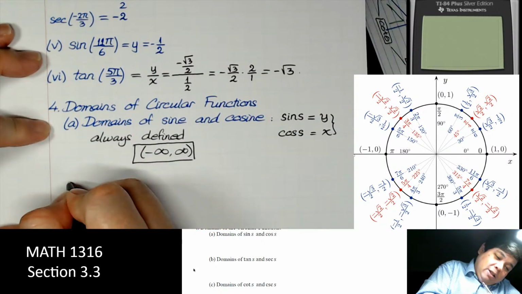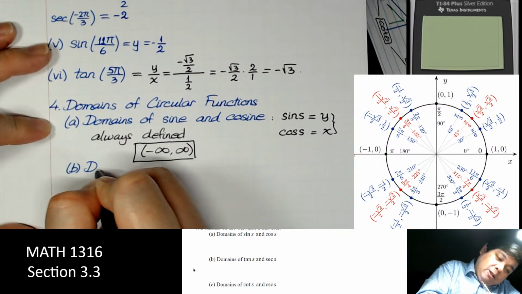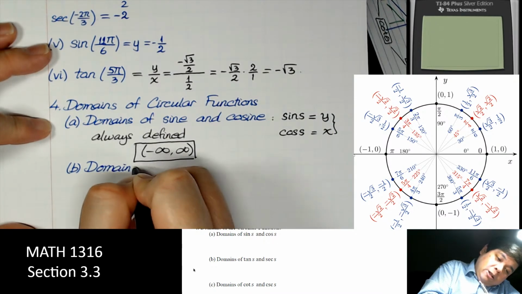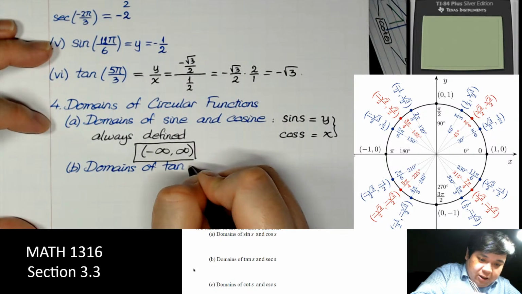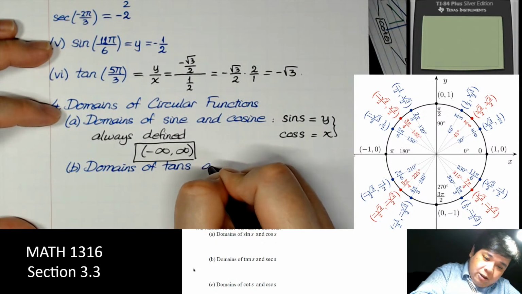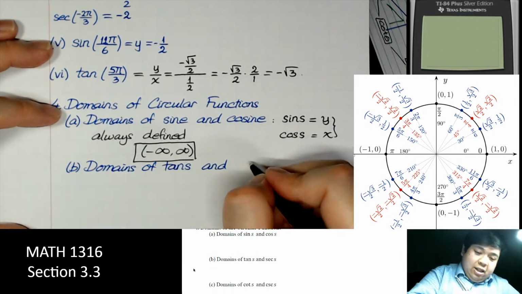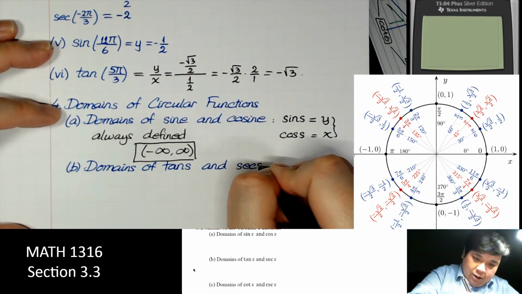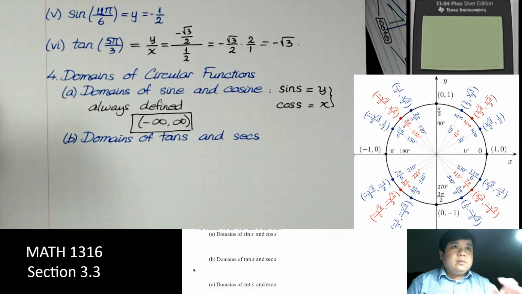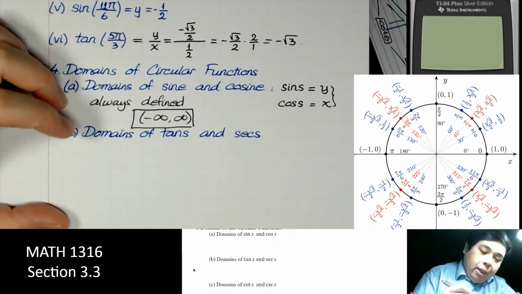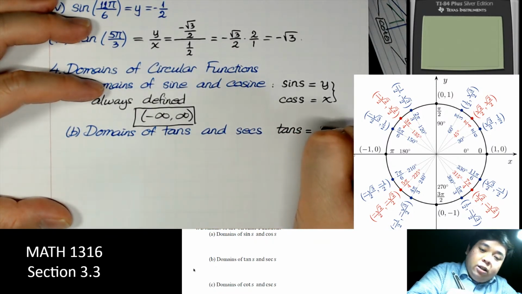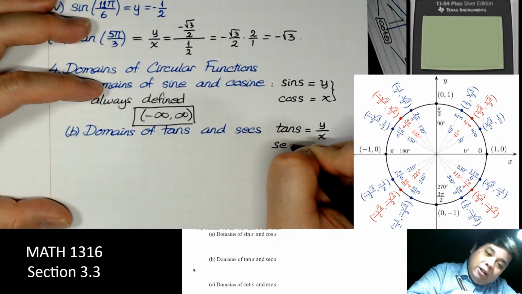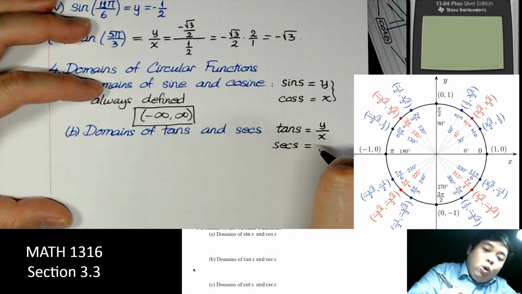Next. Domain of tangent and secant. Our tangent is y over x, and secant is 1 over cosine.